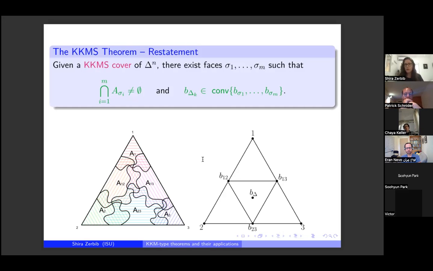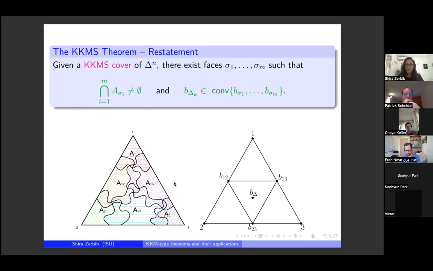Okay, so again, not all the sets intersect, but a large enough and nice enough collection of sets intersect. And this is the description of what is nice enough and large enough.